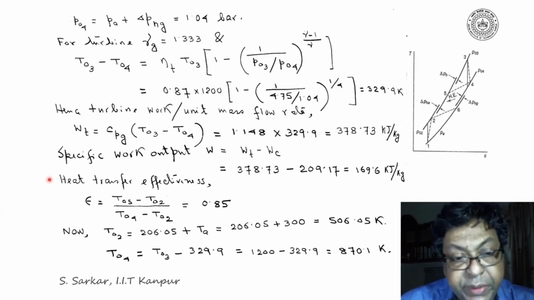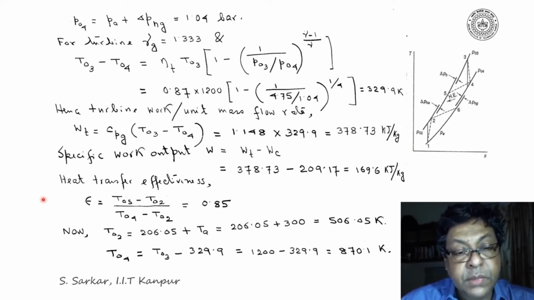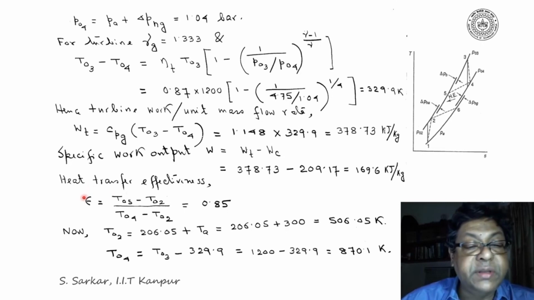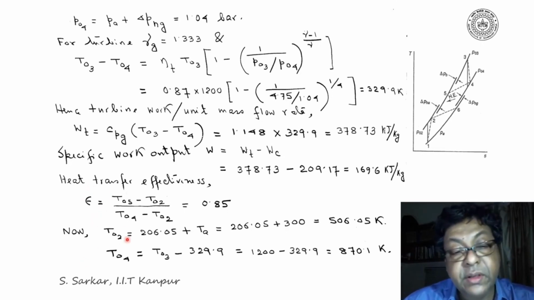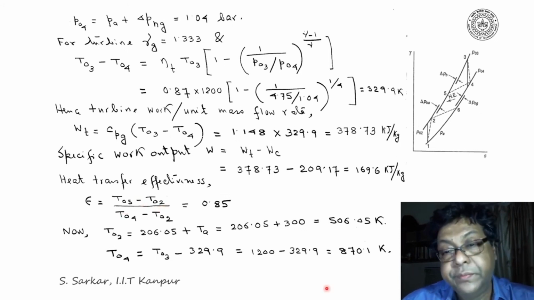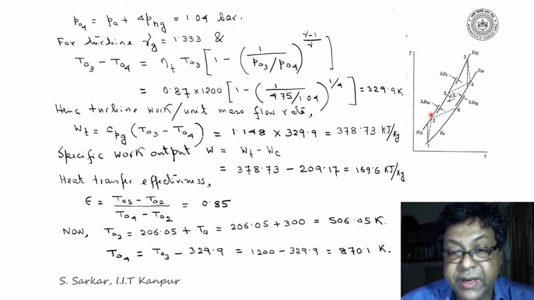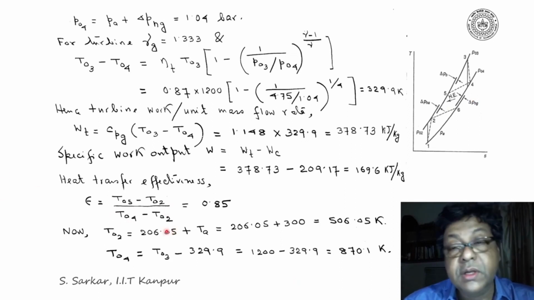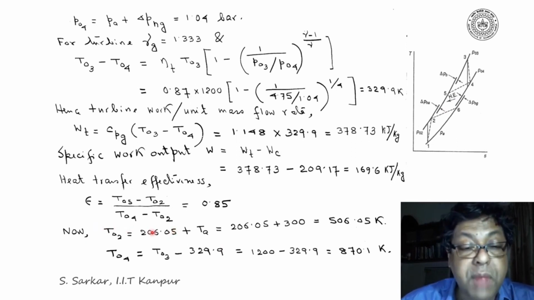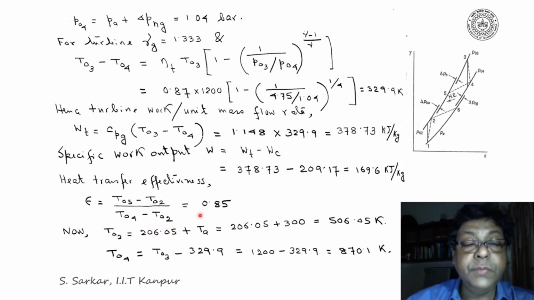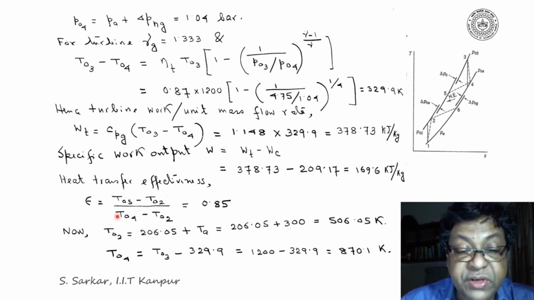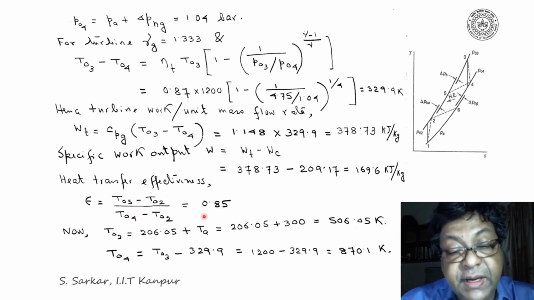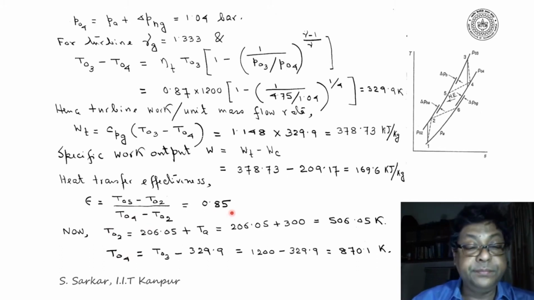Now, let me do the heat exchanger side. The heat exchanger effectiveness epsilon can be stated as T05 minus T02, actual heat transfer, divided by maximum possible heat transfer, that would be T04 minus T02. T04 is the exhaust temperature, and epsilon is equal to 0.85.